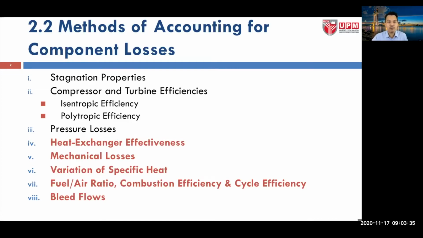For today, we will focus on the heat exchanger effectiveness, mechanical losses, variation of specific heat, fuel-air ratio, combustion efficiency and cycle efficiency, and finally bleed flow. That will wrap up our subtopic 2.2, methods of accounting for component losses.